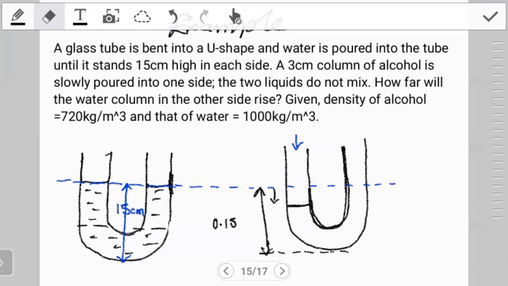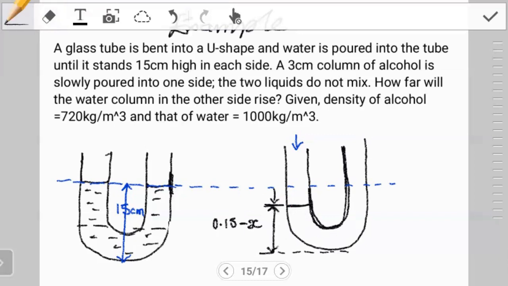So initially we had 15 centimeters as the height of water, but then it has gone down by the same factor we're calling X, so that instead of going all the way up to there, the water level now only comes up to that point.